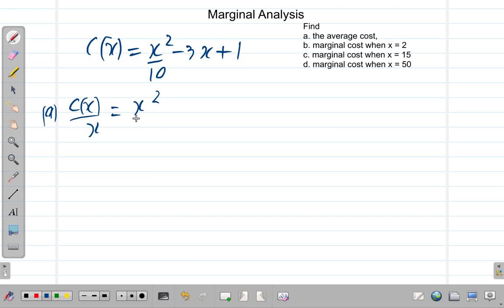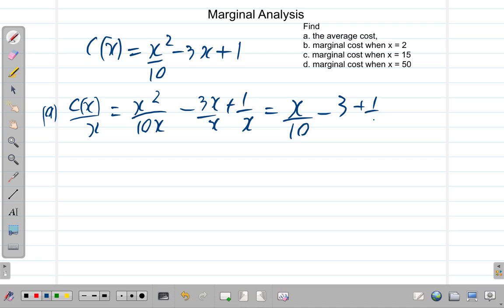This would be x squared divided by 10x when you divide by x, minus 3x divided by x plus 1 divided by x. So what you would get then is x divided by 10 minus 3 plus 1 over x. So there you have it, the average cost.